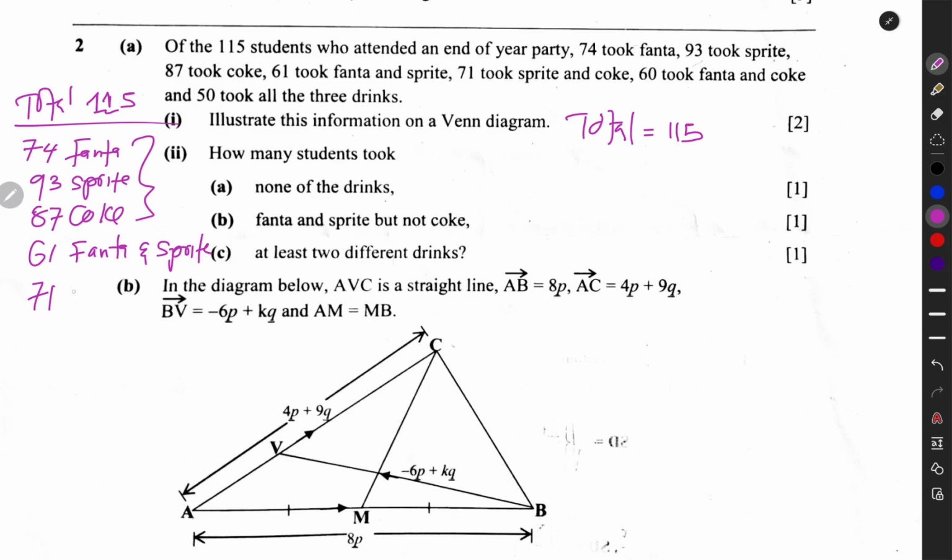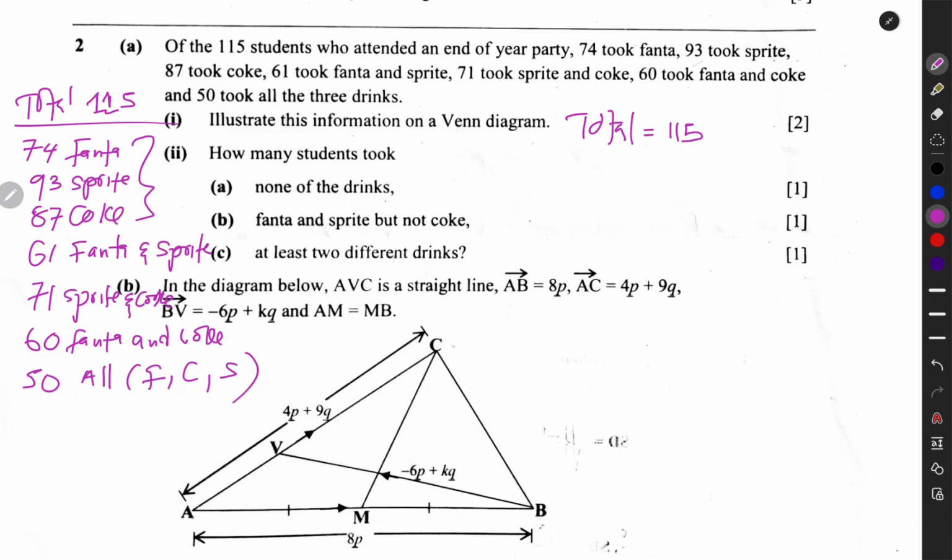Then 60 took Fanta and Coke. Then 50 took all the 3. So I can say all, which means Fanta, I will use F for Fanta, Coke, and of course Sprite.